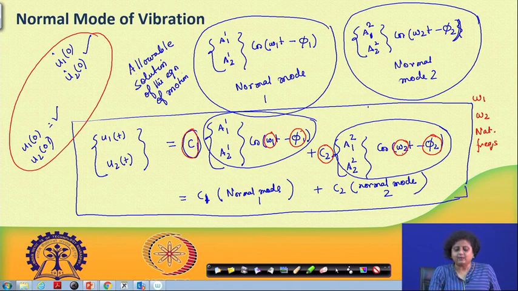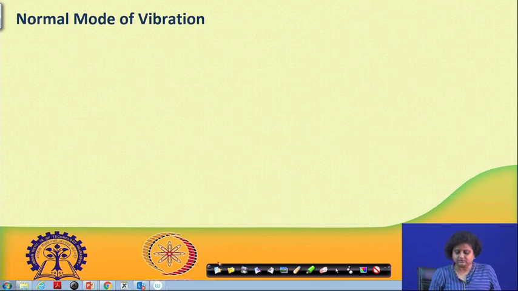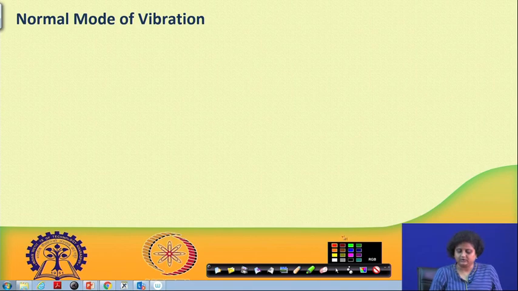Okay. And A1, A2, this one and this one are called the mode shapes of the system. Let me just talk about it in more detail.